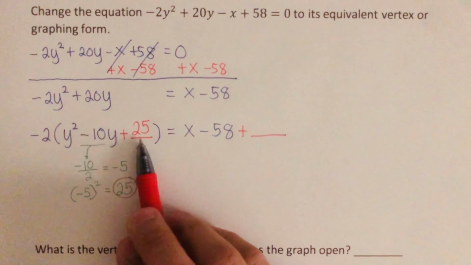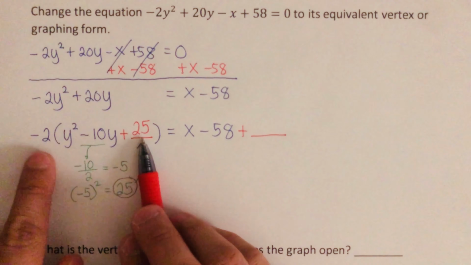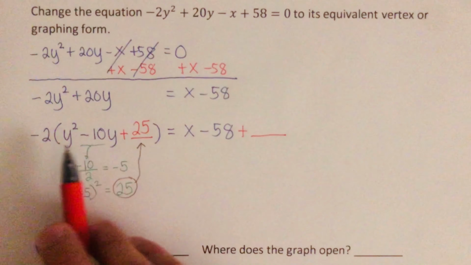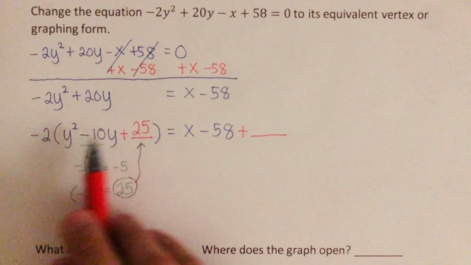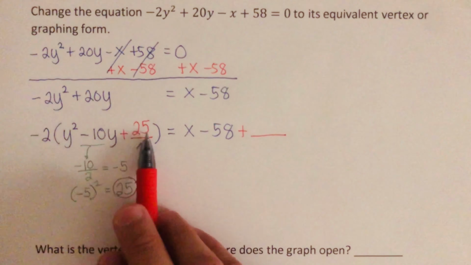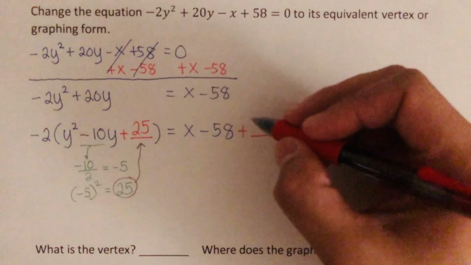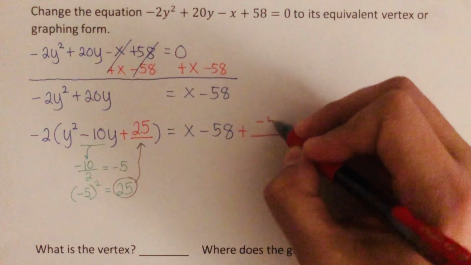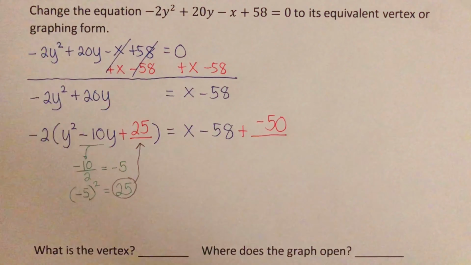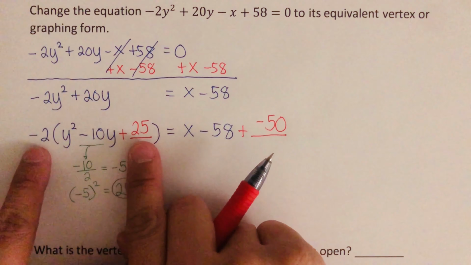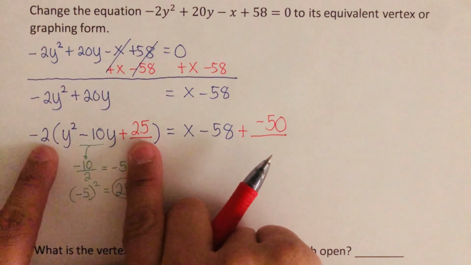Now remember that it's supposed to be distributed here with a -2. So pretty much we are actually adding, this becomes -2 times 25 is -50. So that means I am going to add a -50 on the other side. Again, the reason why these two are not the same, it's because the -2 was distributed to the 25.